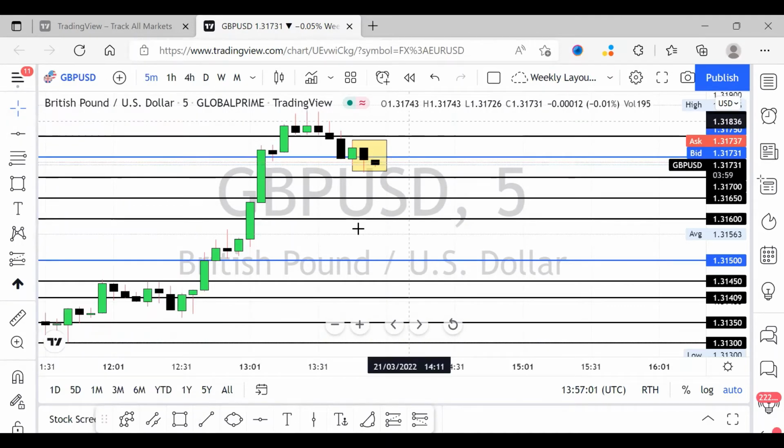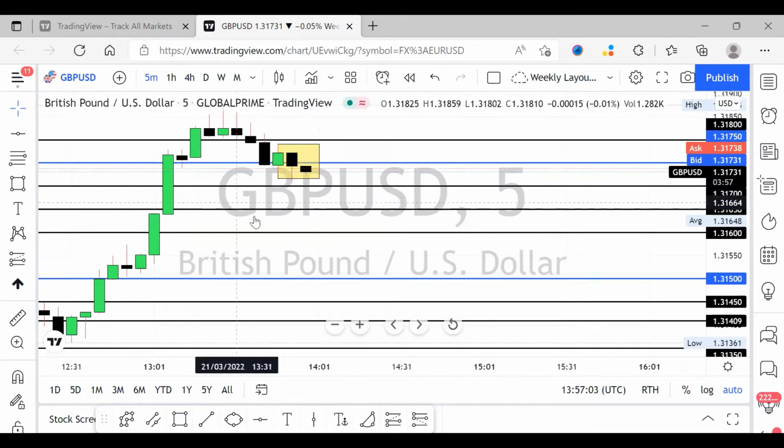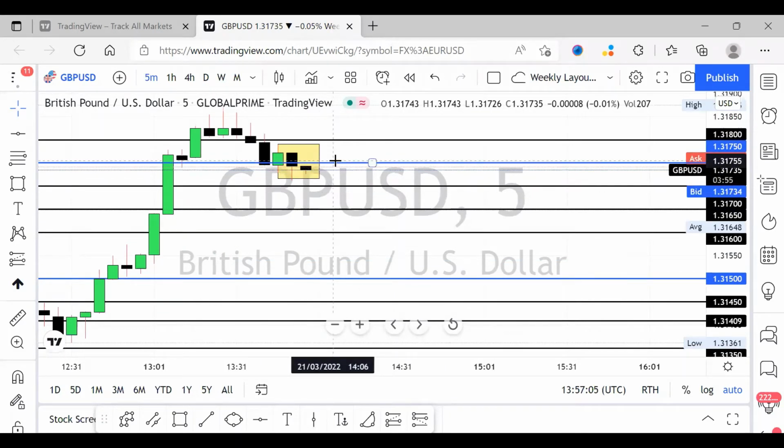Okay, right. So the way we trade this is we look at the price points of the two lines.